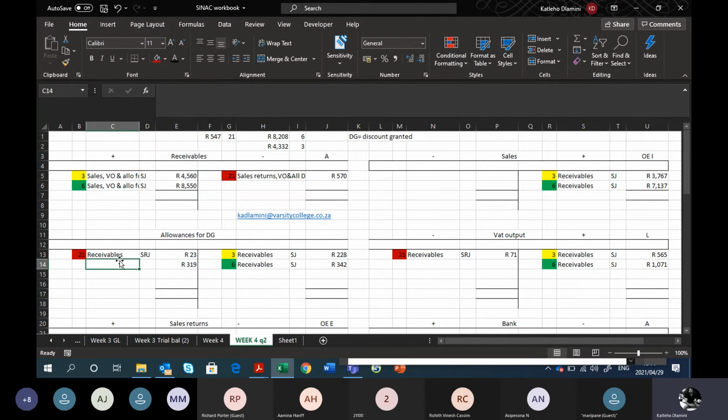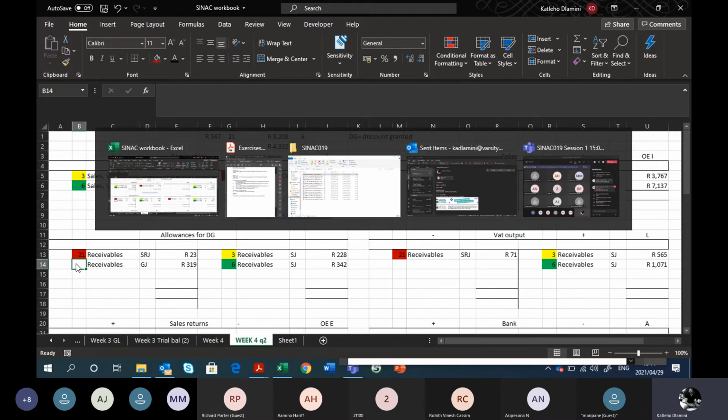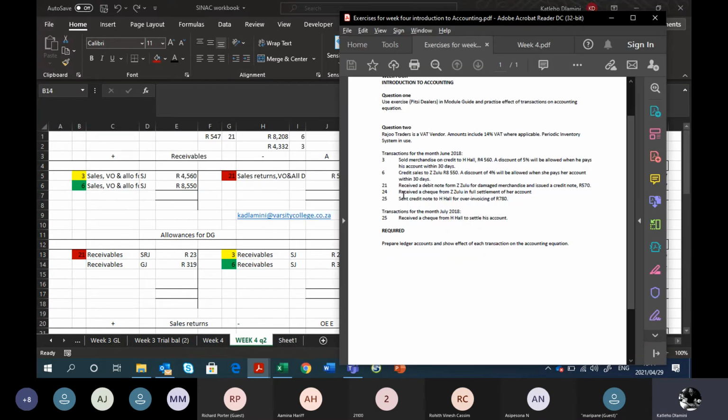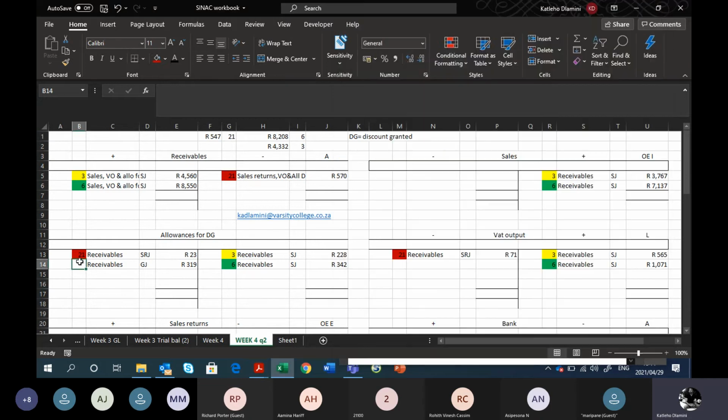This is going to be taken to receivables. So we're going to subtract that from receivables, okay? So that's my GJ. And that was on the 24th. Received full settlement of whatever, okay. 24th. I am now going to make this blue.